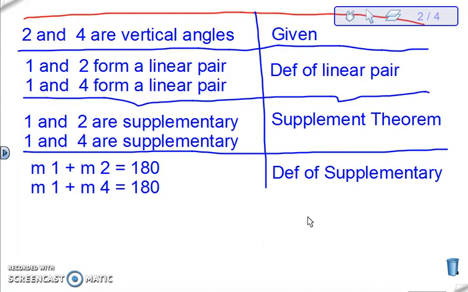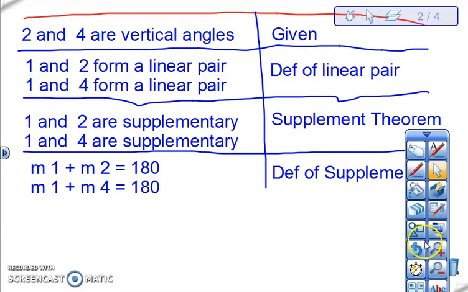All right, so thinking about our proofs from yesterday, we know that there's a bunch of little algebra rules we can use to simplify this down.